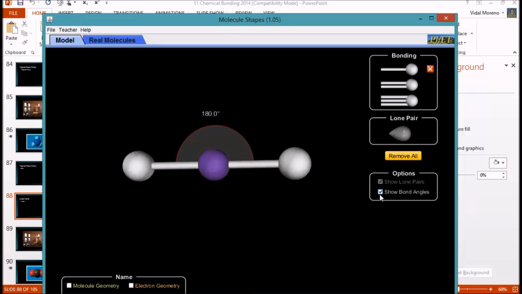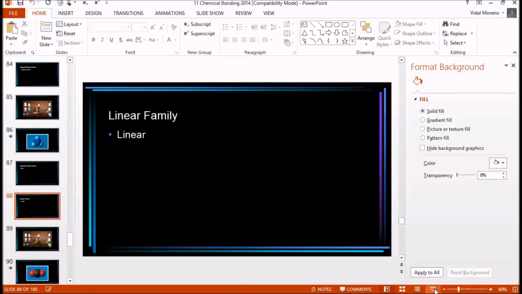This one's just called linear. And there are other linears, but we're only going to cover one. Linear, linear. Poster child.